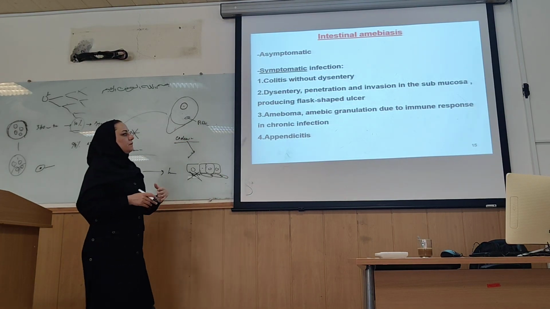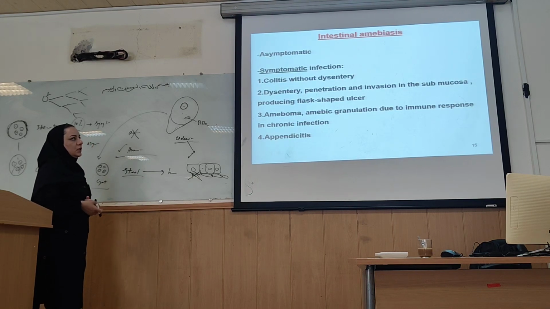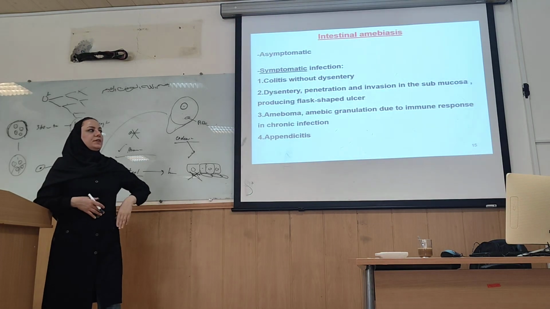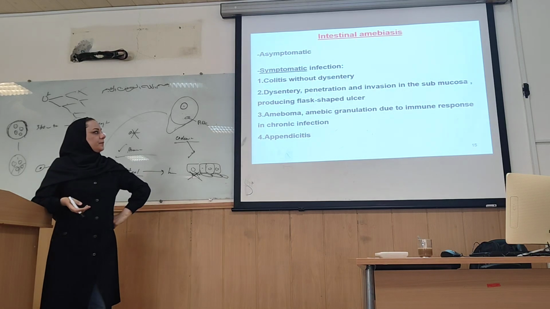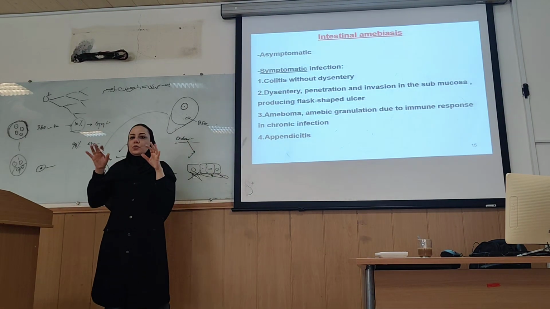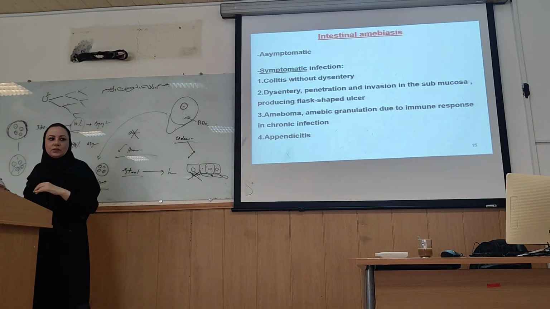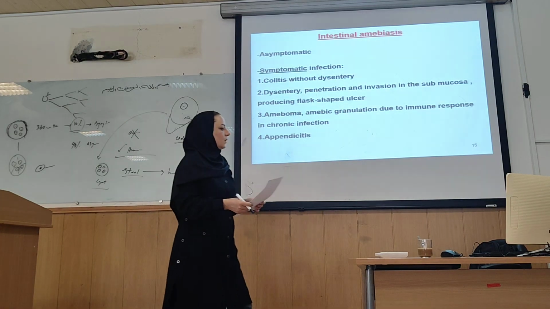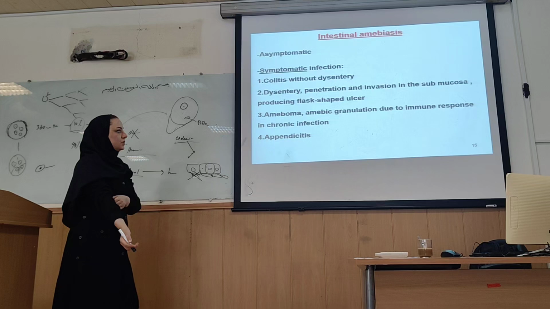Symptoms can be variable. In some people, we just have colitis, just inflammation of the large intestine. They don't have any dysentery. But in some people, based on the pathogenic factor, we have dysentery.